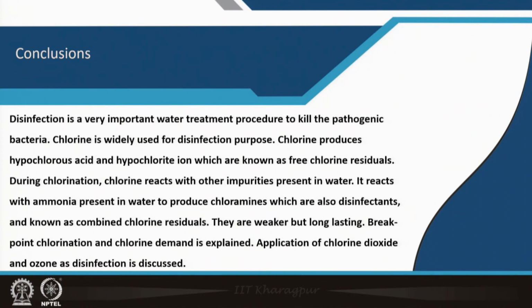It reacts with ammonia present in water to produce chloramines, which are also disinfectants and known as combined chlorine residuals. They are weaker but long lasting. Breakpoint chlorination and chlorine demand are explained. Application of chlorine dioxide and ozone as disinfectants is also explained. So, thank you very much.